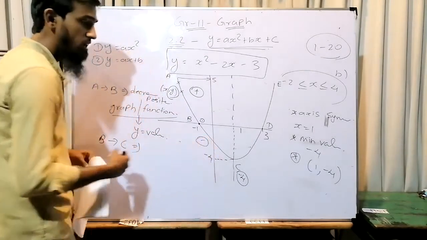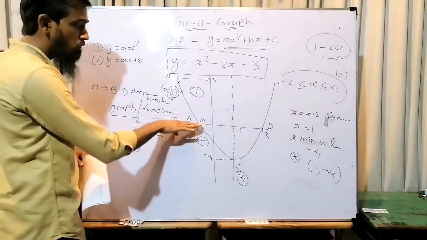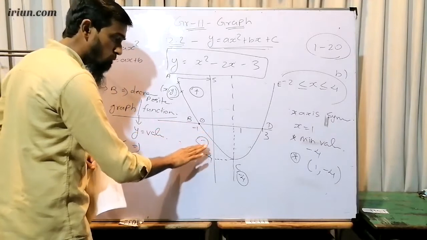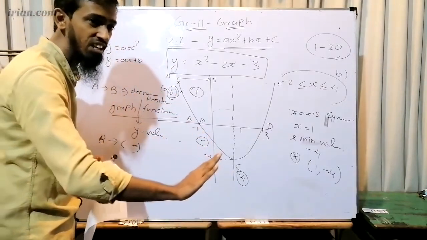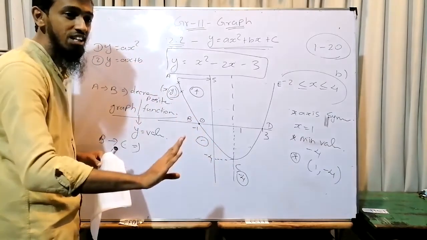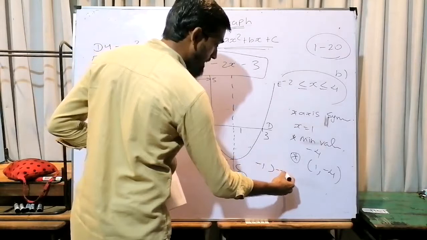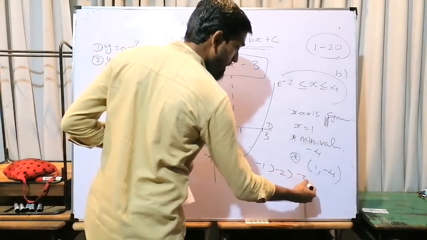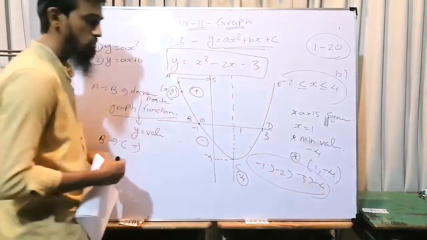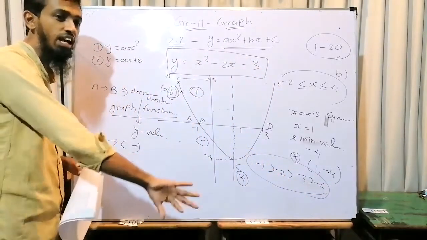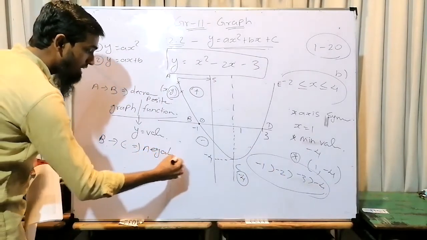The values are negative: 0, -1, -2, -3, -4. So the values are decreasing, but decreasing in negative. -1 is greater than -2, -2 is greater than -3, -3 is greater than -4. You know that. So the values are negatively decreasing.